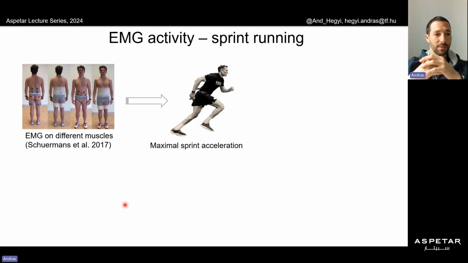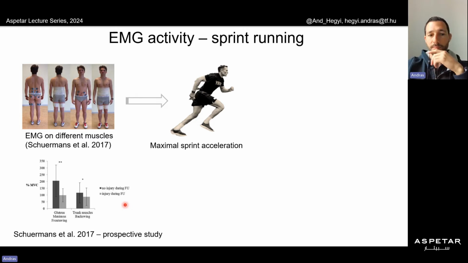You had some trunk muscles, glutes, hamstrings, and then they performed maximal sprint accelerations. These were football players. What they found was that if you had a higher activation in the gluteus maximus muscle or the trunk muscles, then you had a lower hamstring injury risk. This is aligned with the idea of my previous slide that these muscles may actually decrease the stretch on the biceps femoris muscle.